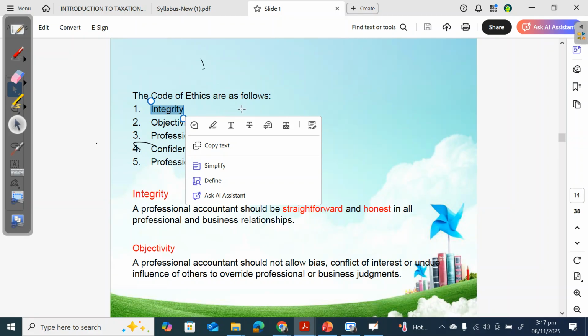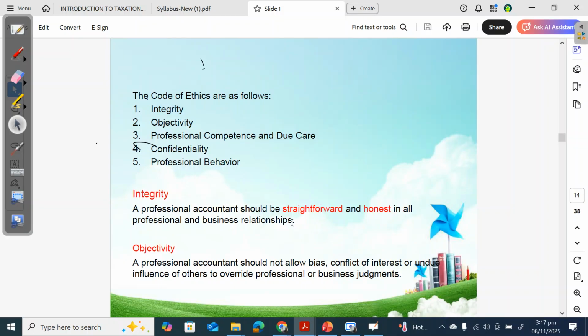If it is A, you say it is A. If it's B, you say it is B. So a professional accountant should be straightforward and honest in all professional and business relationships. You have to be very straightforward. But when we come to the ground, that is where the issue is.